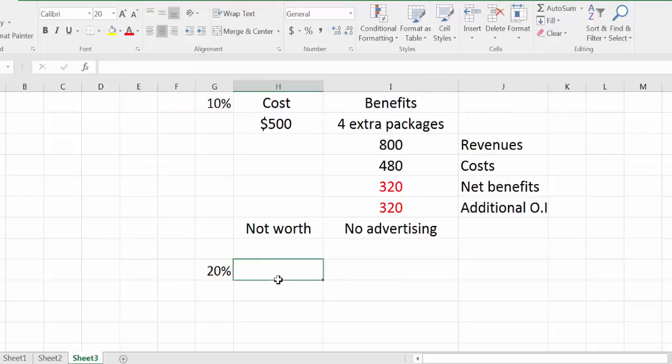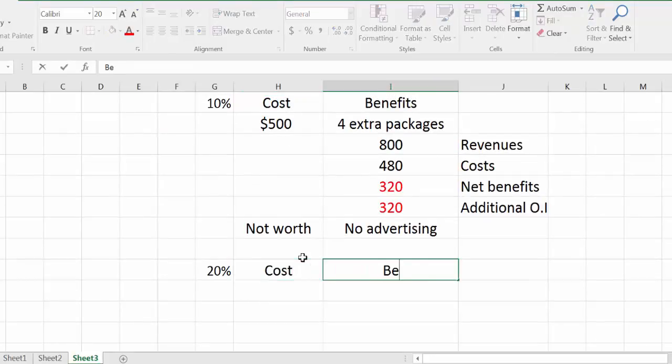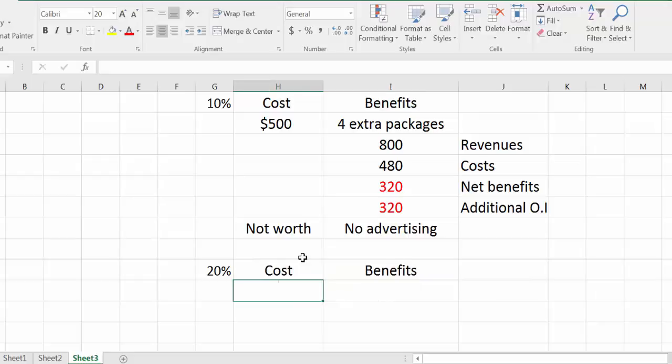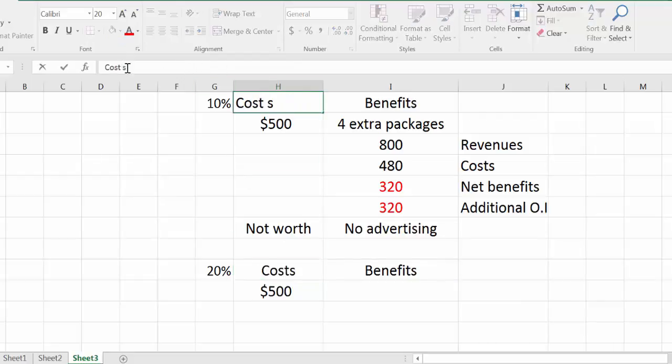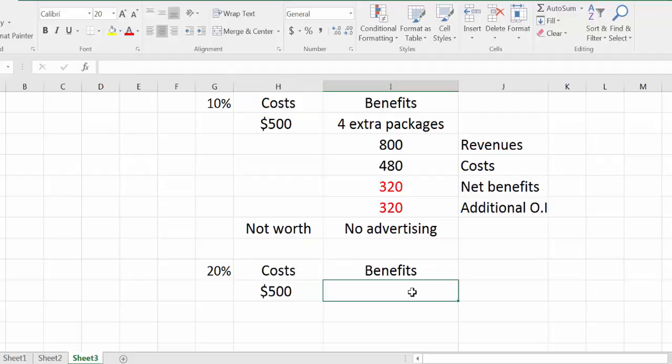So now let's come here. It's the same here. I'm going to put the cost and benefits. So we're looking at 500 additional costs. And for the benefits, we're looking at 8 extra additional packages.